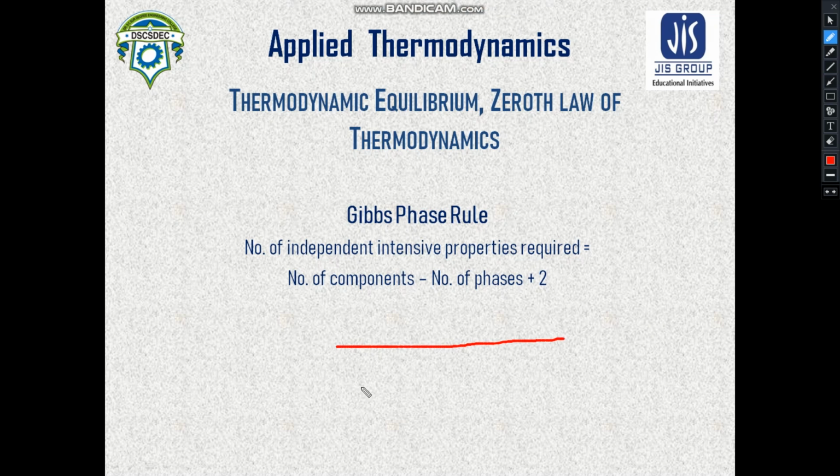What happens if there is a difference within the system?